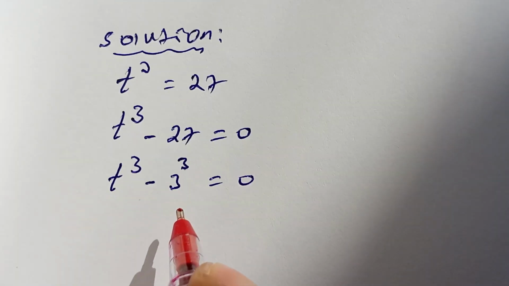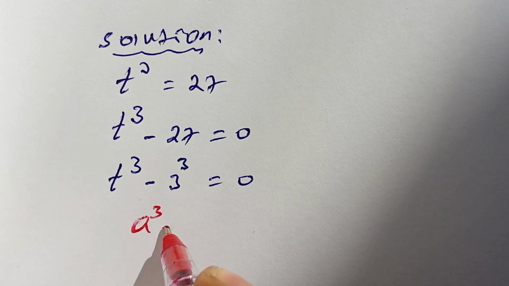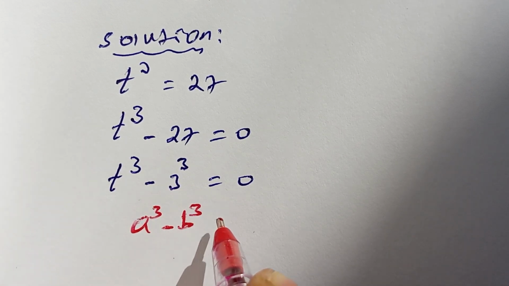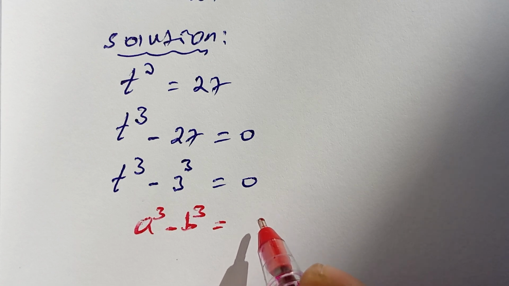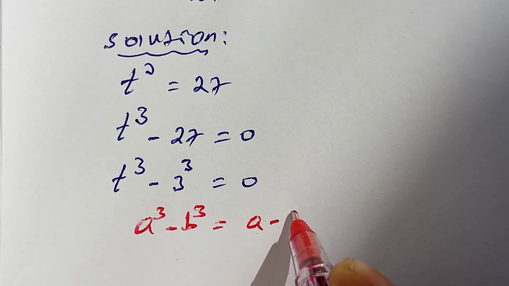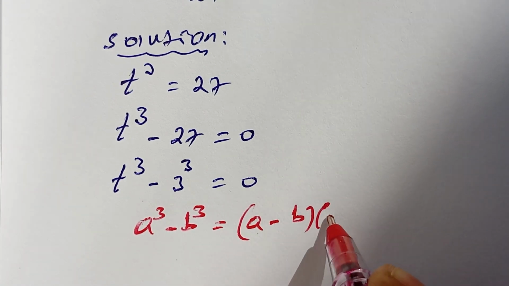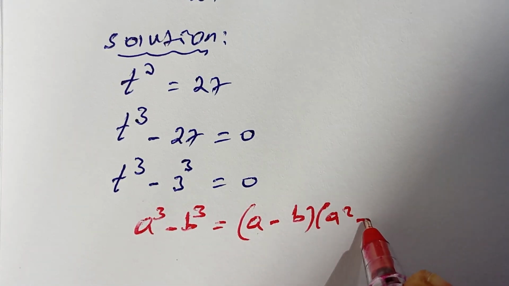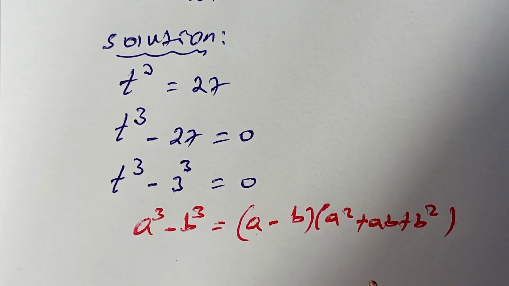0. This has the form a cubed minus b cubed. So this is solved by using a minus b times a squared plus ab plus b squared.